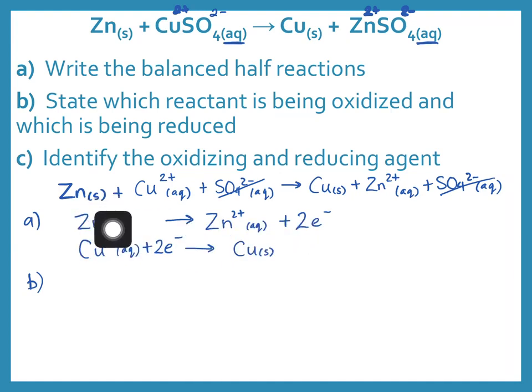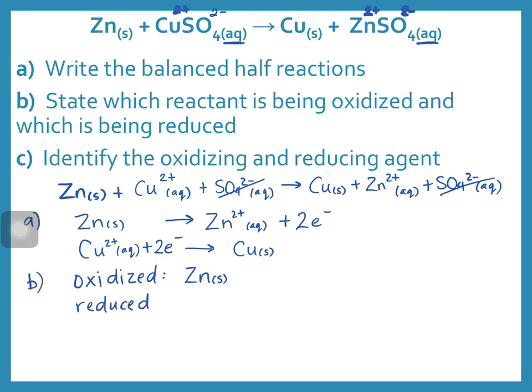So a zinc atom is splitting into a zinc ion and 2 electrons, which leave. These are being lost. So LEO, loss of electrons, is oxidation. The thing that is being oxidized is the solid zinc.